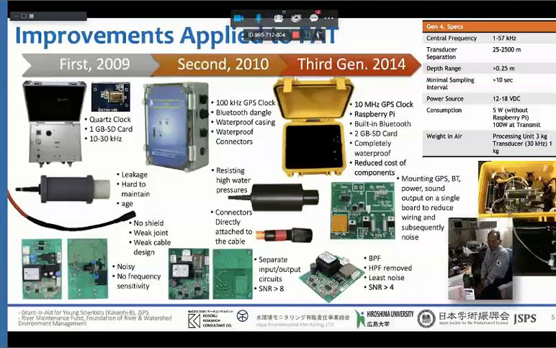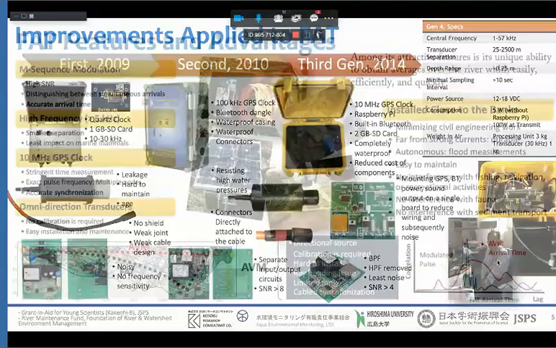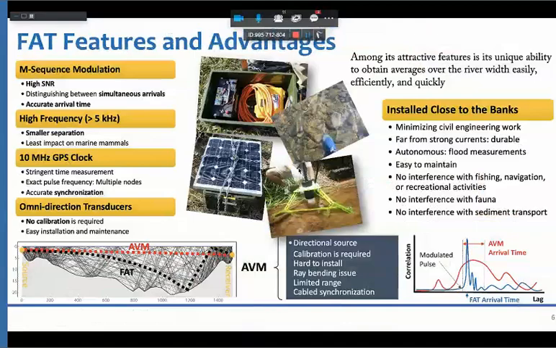So what are the features and advantages of FET? Let's start with that we modulate the signal with an M sequence. Have you ever thought why an area is covered with one cell phone tower, and when someone calls, only your cell phone starts to ring?